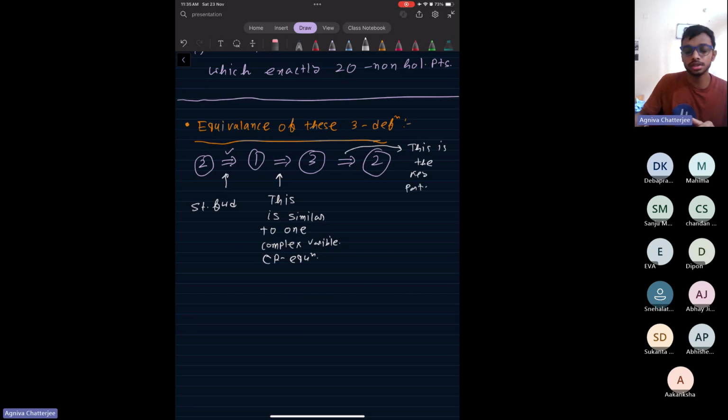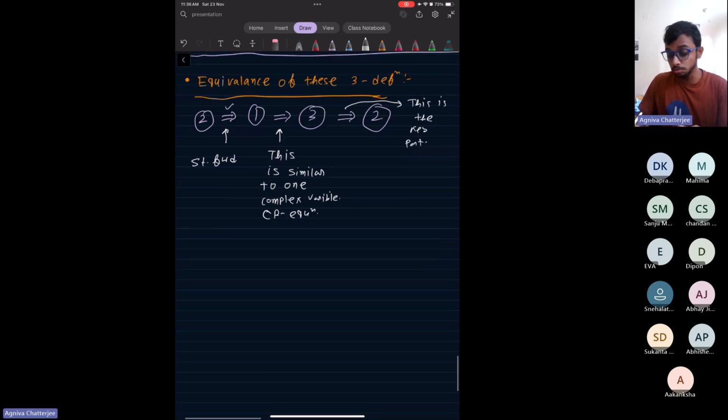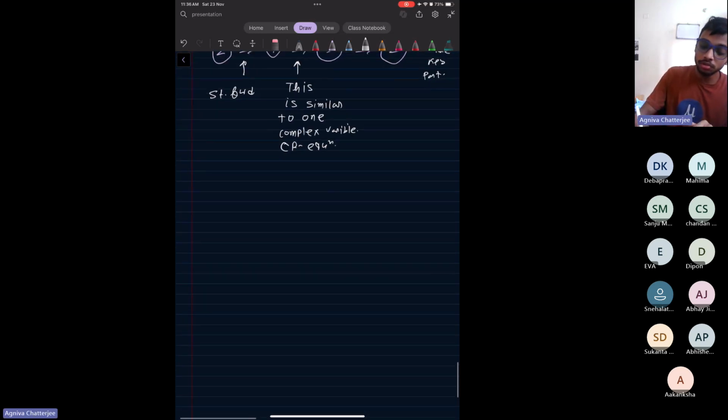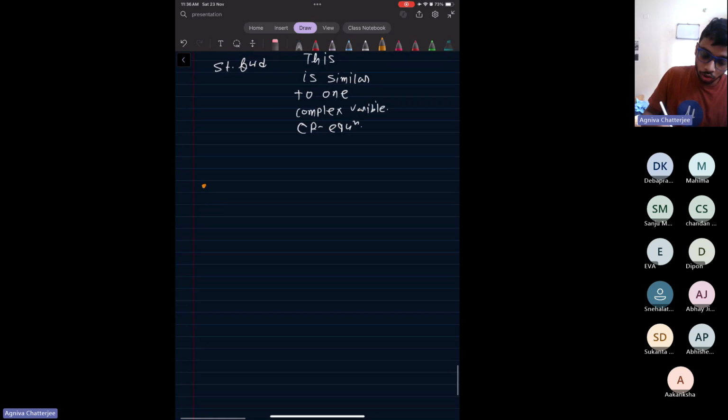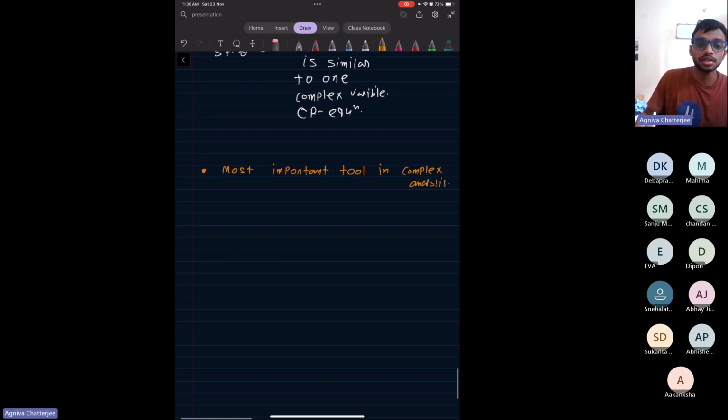That if the Cauchy-Riemann equation is satisfied, or rather it's holomorphic in each variable, that implies that it's C analytic, or it has a power series representation. And to prove this, you need a key tool which also appears in complex analysis, and probably to me it's the most important tool in complex analysis, and it's a formula actually.